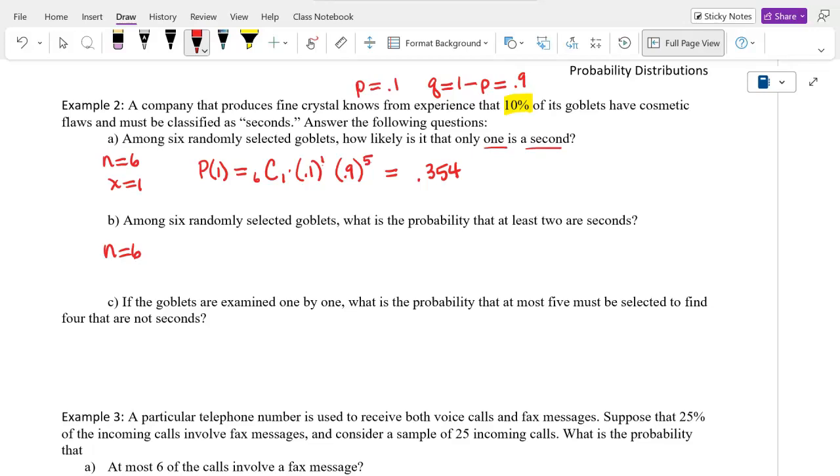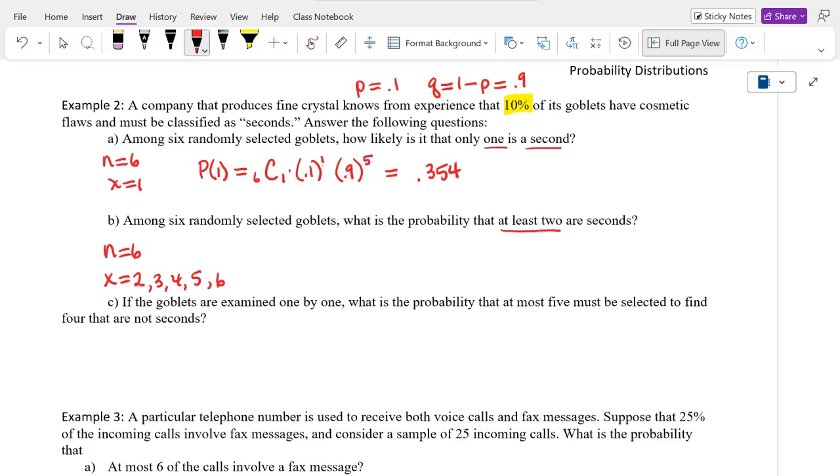Now we have 6 goblets total. At least 2 of them would mean that the number of successes would be 2, 3, 4, 5, all the way up to 6. All of those are considered at least 2. Now, in class, we decided and described how we know when we can use the table and when to use the formula.